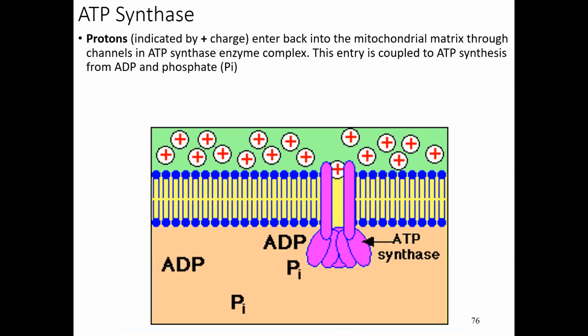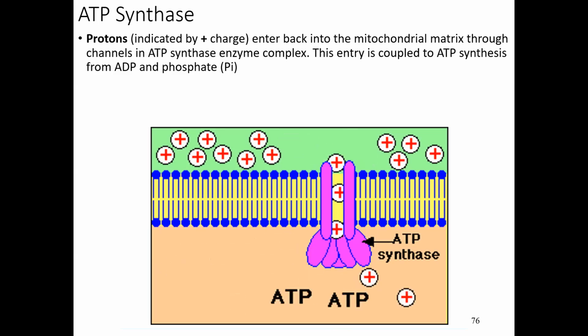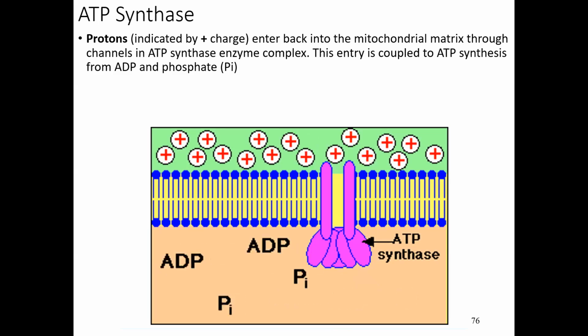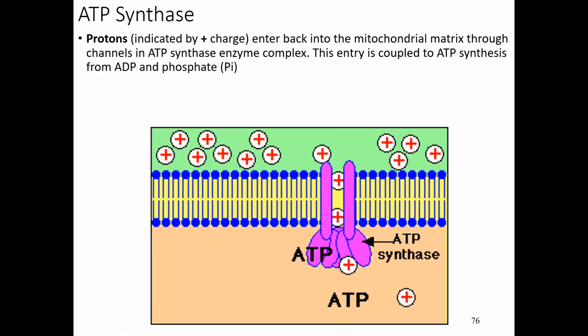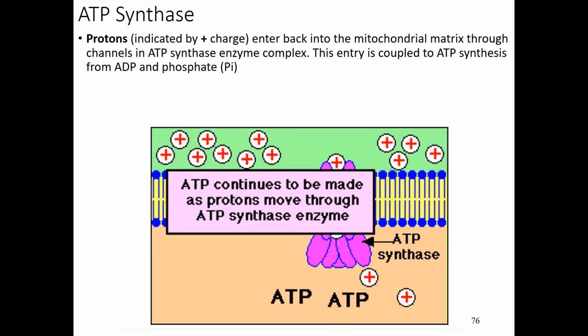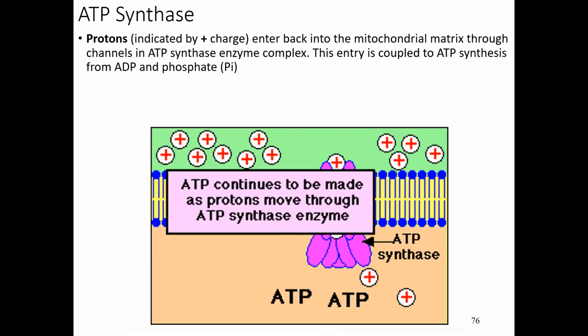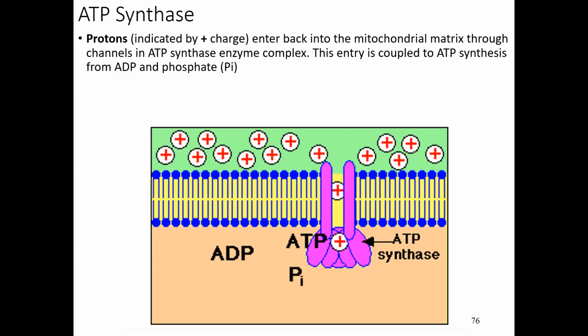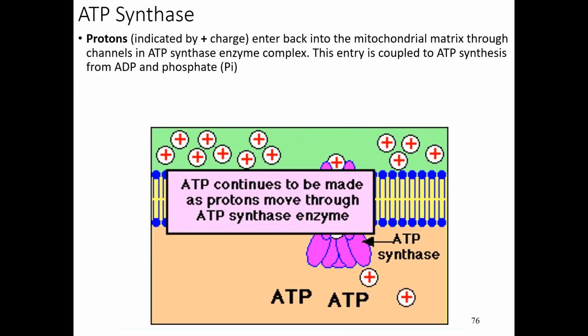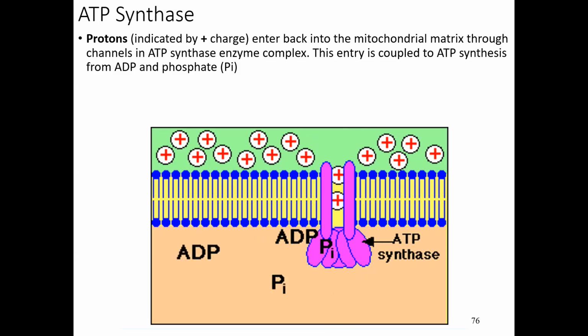Forever is a very short term in cell time. It can do it for a few minutes. And so when the cell runs out of oxygen, in its last effort to stay alive, it will pump hydrogens back through the synthase so they can come back through again and make some more ATP, even though there's no oxygen there to grab those electrons and hydrogens.